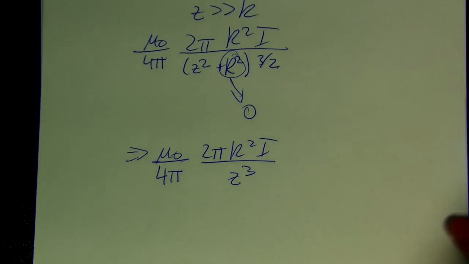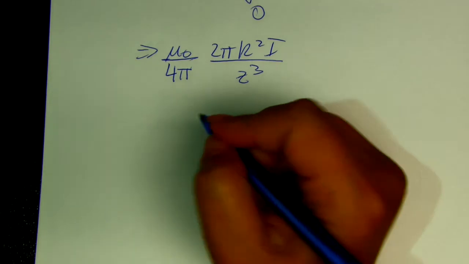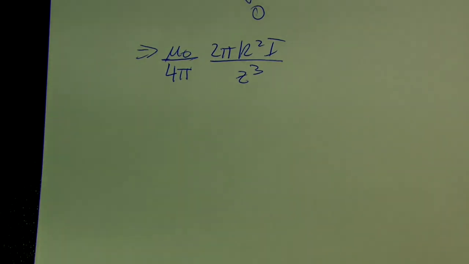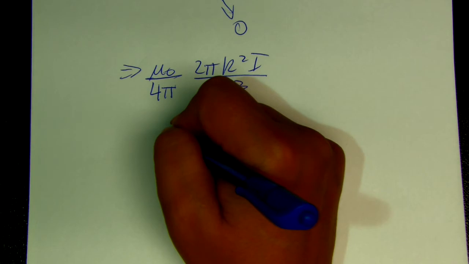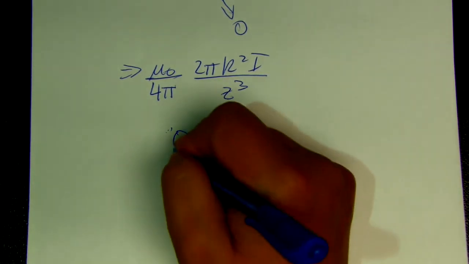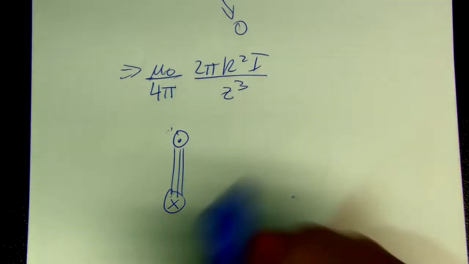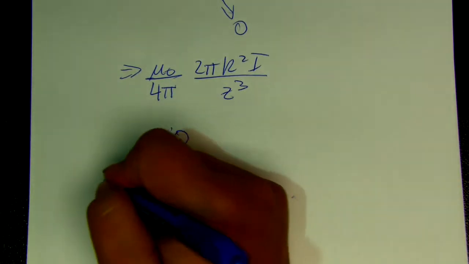All right, so continuing on with our section of 17, now let's think about predicting the magnetic field above and below many loops of wire. So if you had many loops, you would have your current going in, out towards you, and then back around and then in.